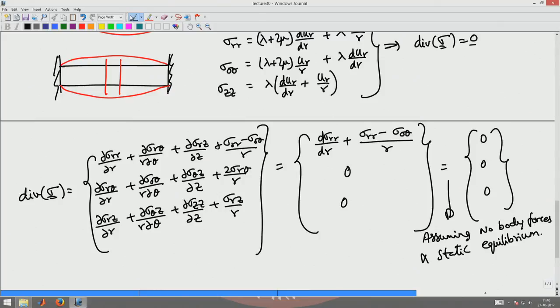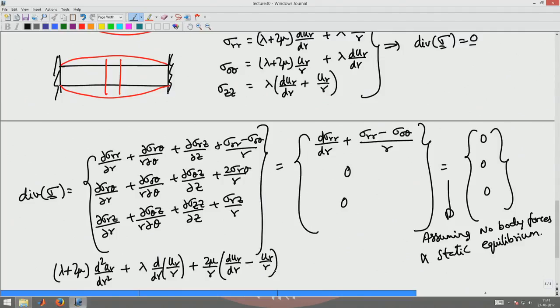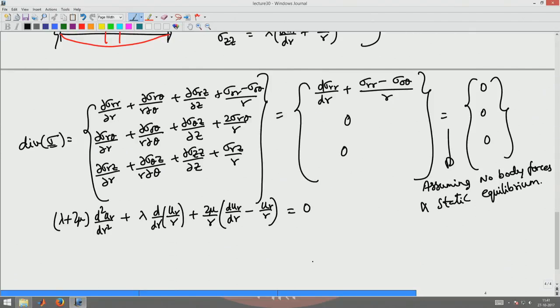If I substitute sigma r r and sigma theta theta there, I will get lambda plus 2 mu d square u r by dr square plus lambda d by dr of u r by r plus 2 mu by r times du r by dr minus u r by r equal to 0.